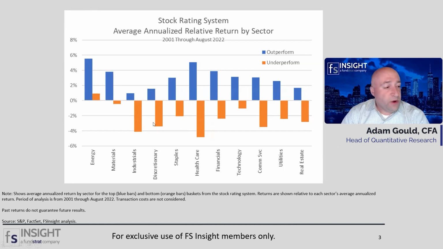Likewise, the basket of bottom rated stocks, those are the orange bars, have underperformed in nearly every sector. So while the stock rating system was designed to identify outperformers across all sectors, this result indicates that for someone who is focused on only one or two sectors, the stock rating system can still add value.